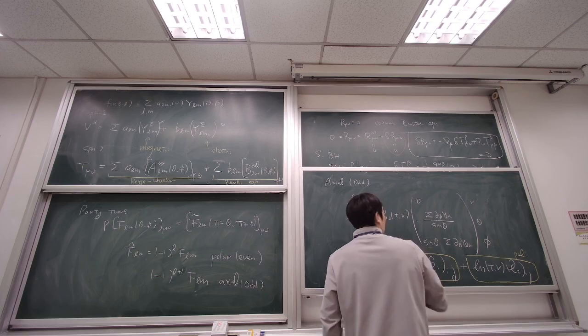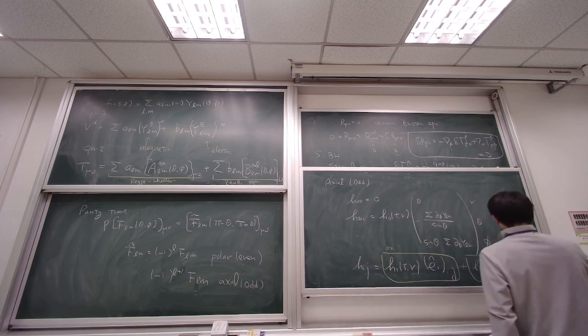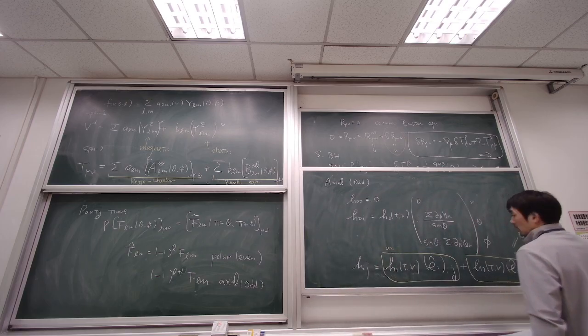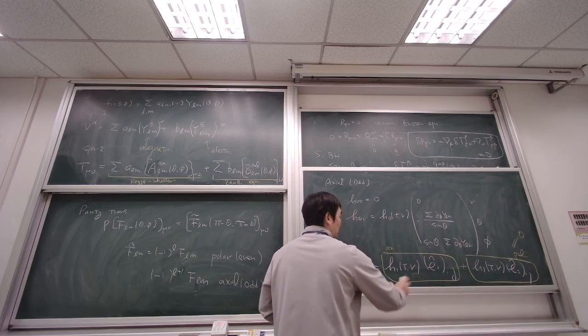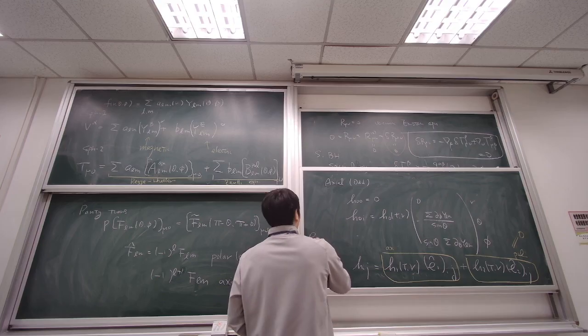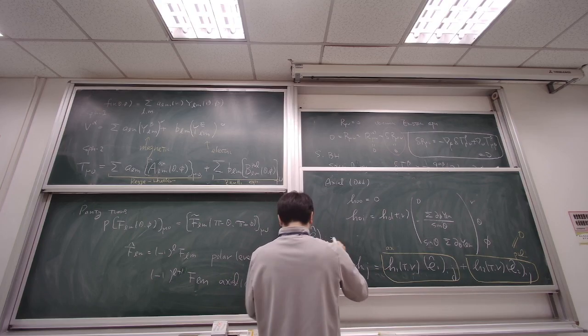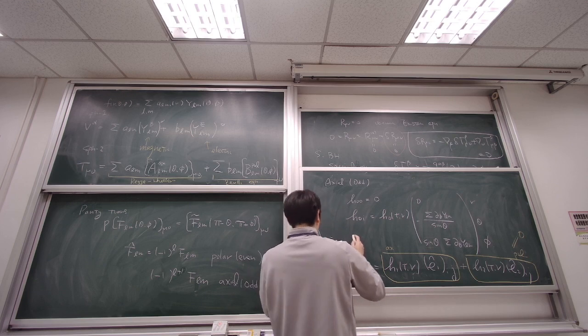So suppose H2 is 0, so this guy is equal to 0 in the case of axial. And H1 is E1 hat IJ, of course, it's just a spherical decomposition that is assumed.